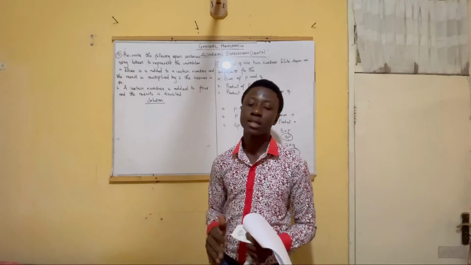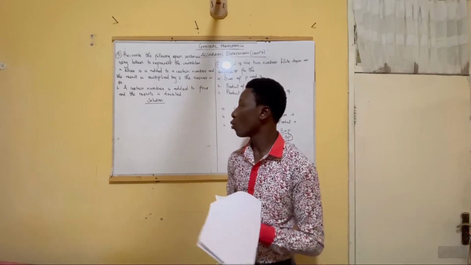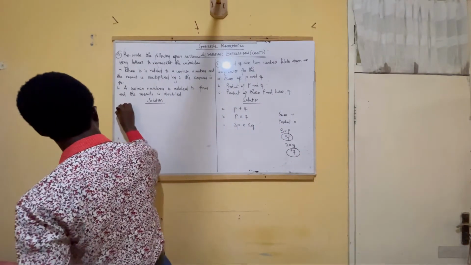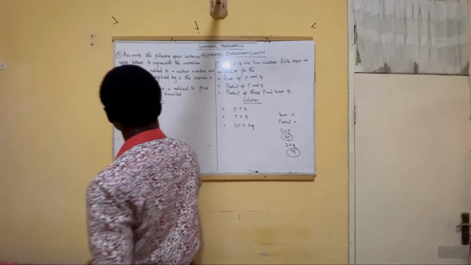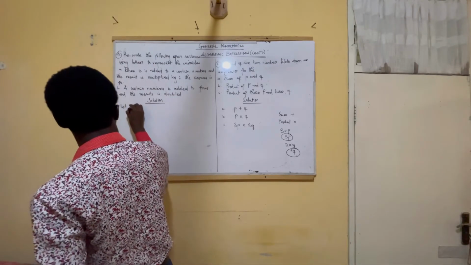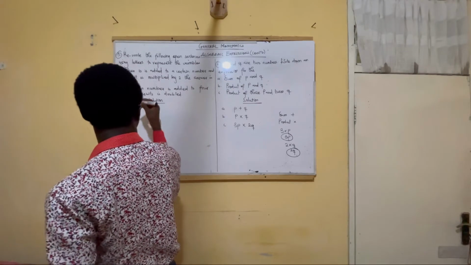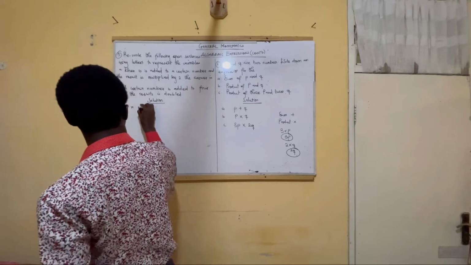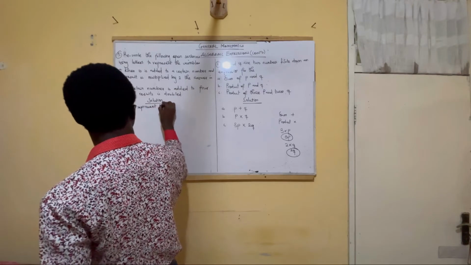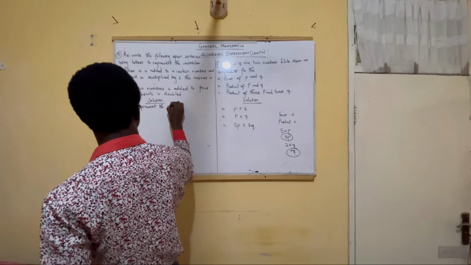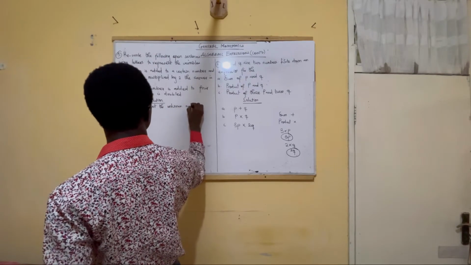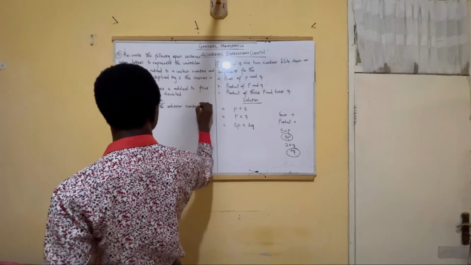That's the first step you should start with. So you say, let x, well, we have been using x all the time, so let x represent the unknown number.